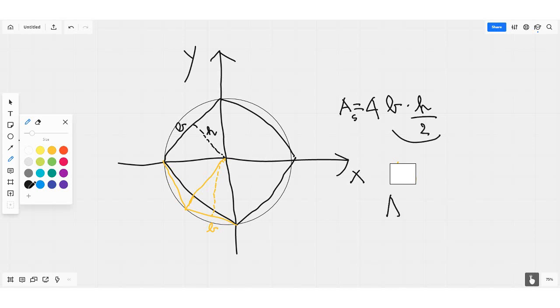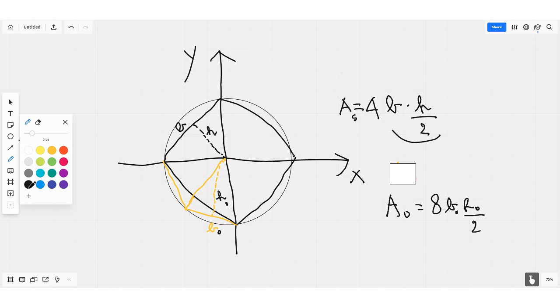So the area of the octagon will now be 8 times b, we can call this b_o, 8 b_o times h_o over 2.